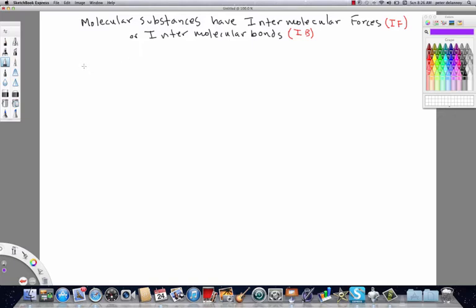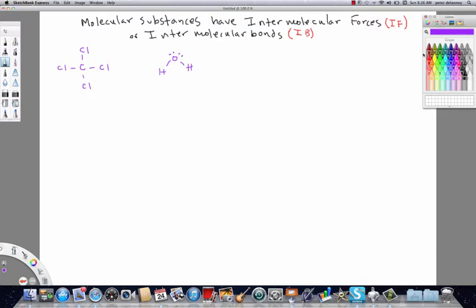The model system that we're using is we're comparing the properties of carbon tetrachloride, which is a nonpolar substance, with water, which is a polar substance. And the point being that these two substances differ in their properties.